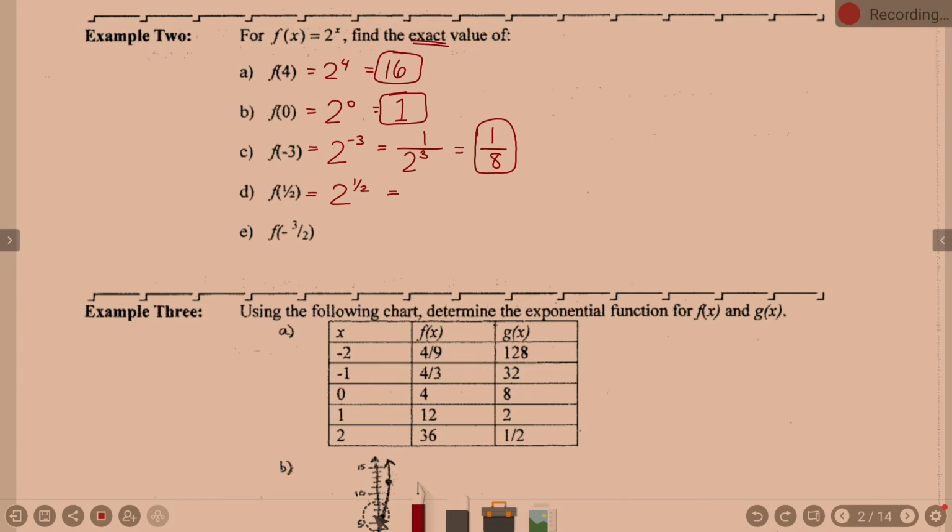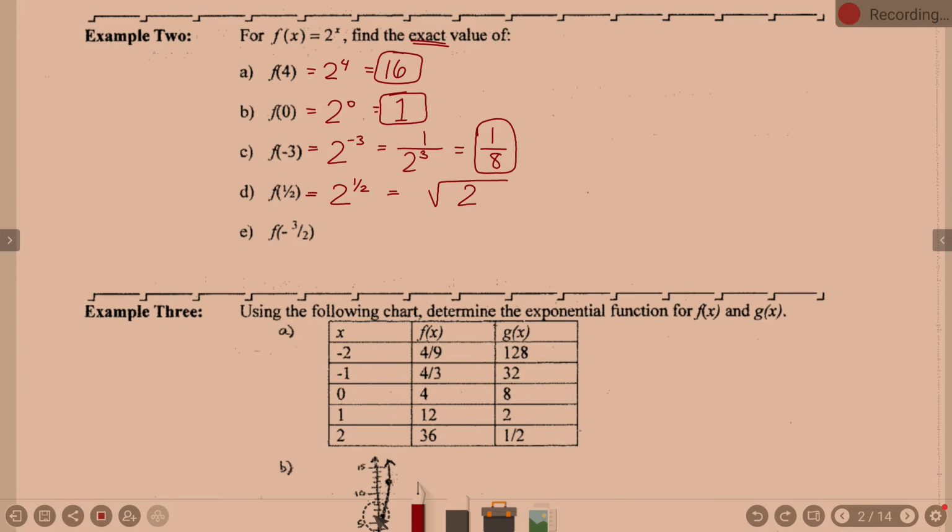But what about a rational exponent? What does the denominator of an exponent tell me? The numerator is the power, so that's 2 to the 1st. The denominator tells you the root.